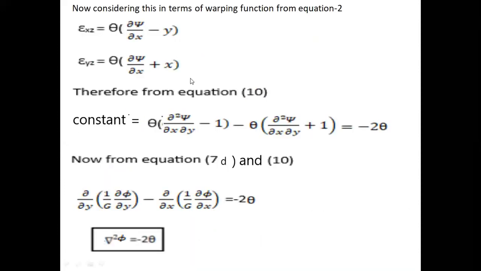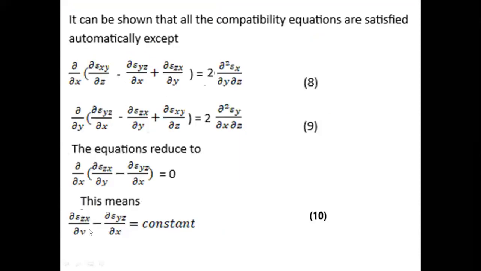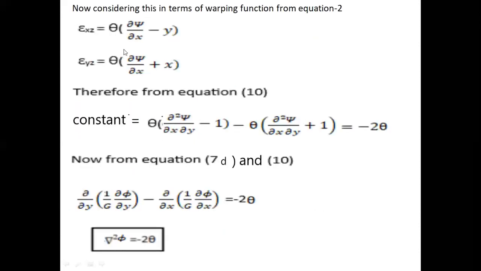So we are going back to equations 4 and 5. Look at equation 10: del epsilon zx by del y minus del epsilon yz by del x is equal to a constant. Our objective is to find this constant. So substitute these two into equation 10. You will see that the whole thing comes down to minus 2 theta. So now we know that in equation 10, the constant is minus 2 theta.